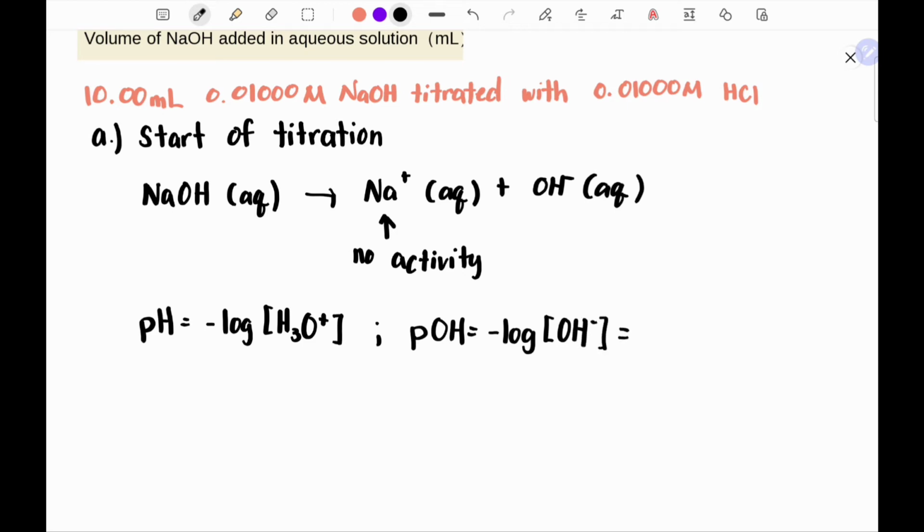We can calculate the pOH instead. Doing that in the calculator, that's 0.01 molar. We can ignore the 10 ml because it's not necessary yet. Negative log of 0.01 is 2. The pH then is 14 minus pOH. 14 minus 2 is 12.